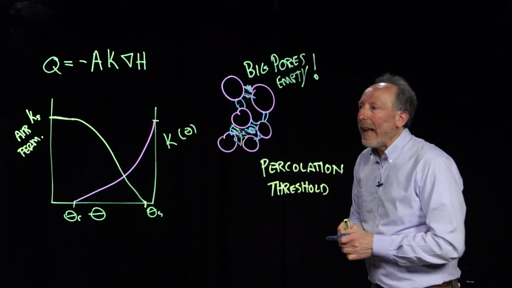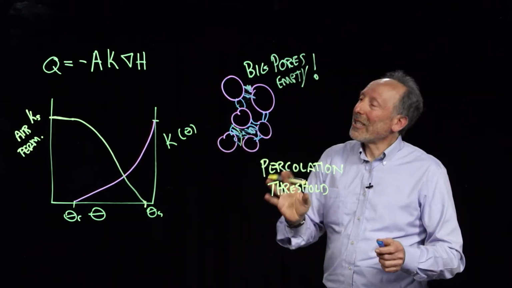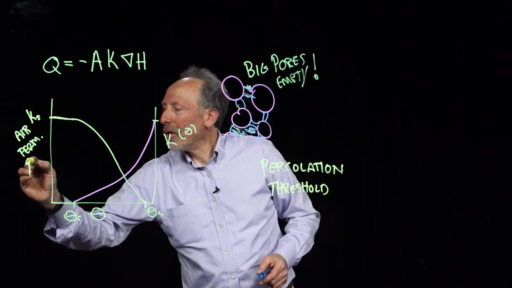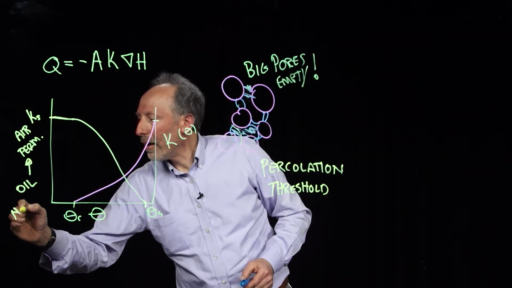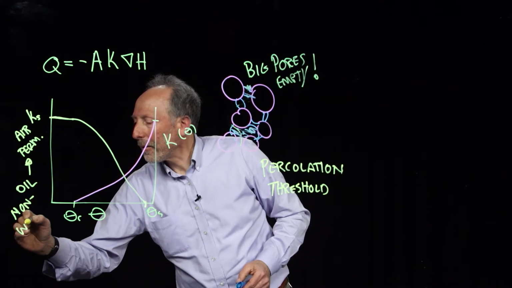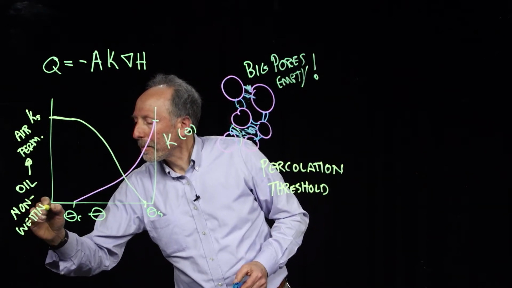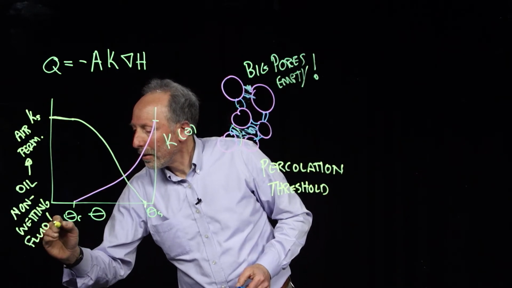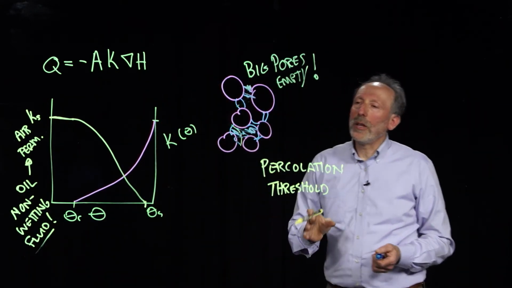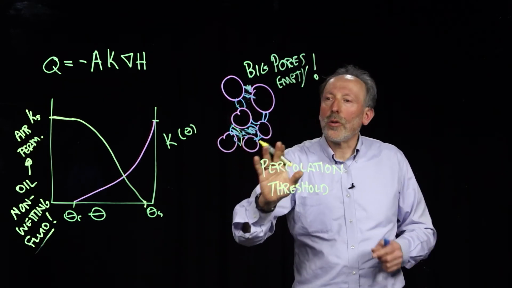Now, we've talked about air, but guess what? This also is applicable to any oil or other non-wetting fluid. So by a non-wetting fluid, we mean that the water wets the soil.